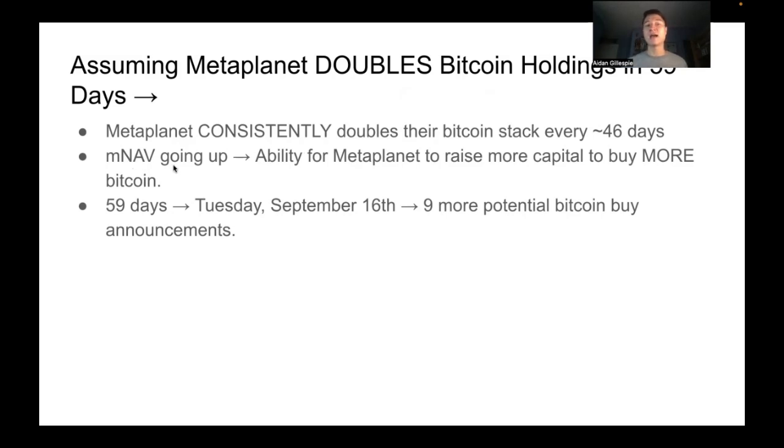Additionally, I'm expecting MNAV to go up. As MNAV goes up, it will give Metaplanet the ability to raise more money to buy more Bitcoin. So I feel like they're going to be able to stay on track and maybe even move a little bit faster with their Bitcoin acquisitions, because I'm expecting the MNAV to go up in the next 2 months.